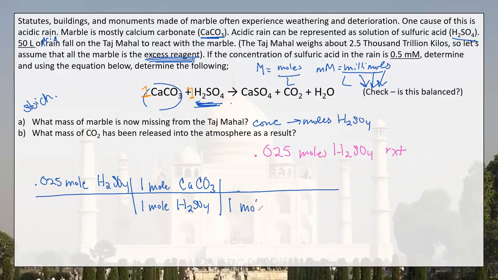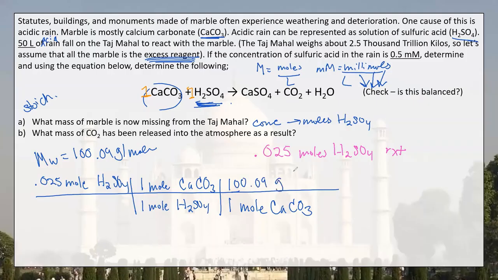And then we have to figure out, 1 mole calcium carbonate has a molecular weight of what? So molecular weight of calcium carbonate. I've done it ahead for myself, but if you go to your periodic table and look up your atomic weights, you can figure out your molecular weight. It is 100.09 grams per mole. So I put that on top.